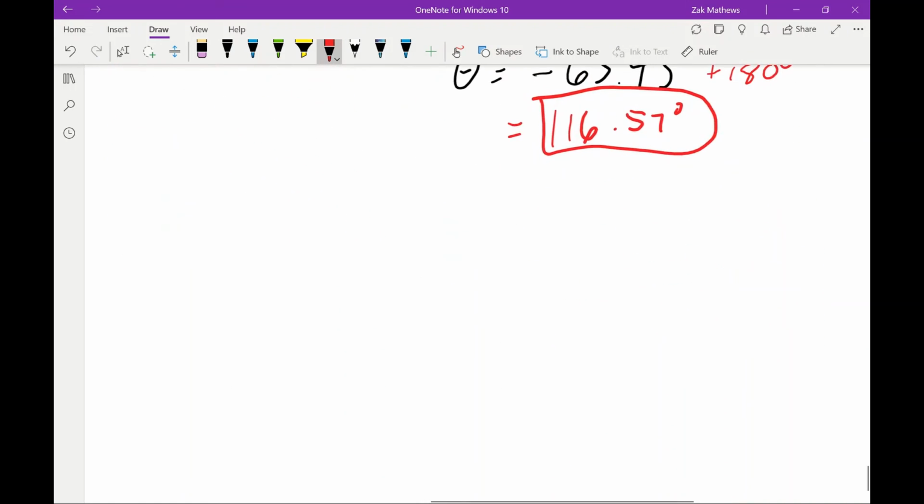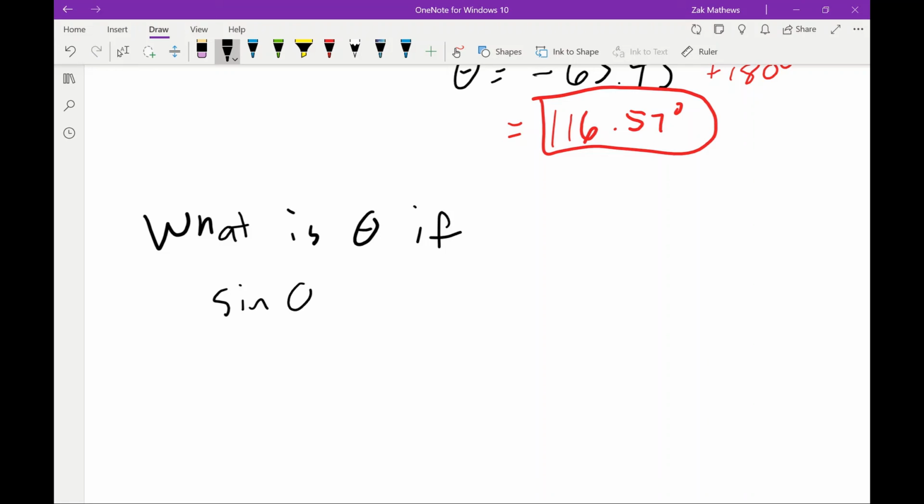There's a big difference in saying, when is theta, or what is theta, if sine theta is equal to 2/5, and what is the inverse sine of 2/5?